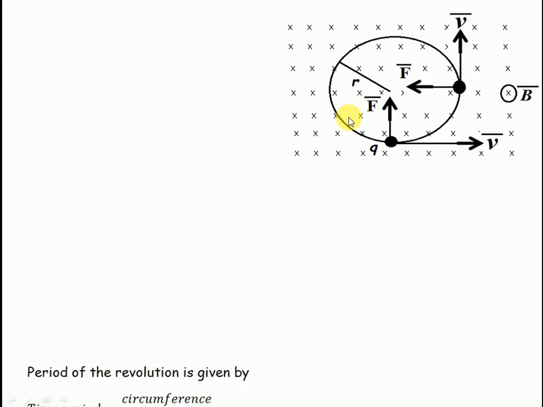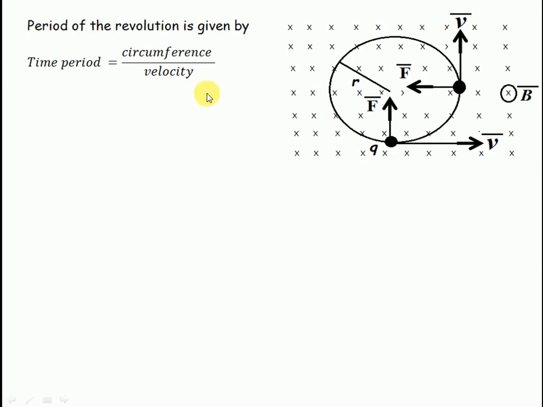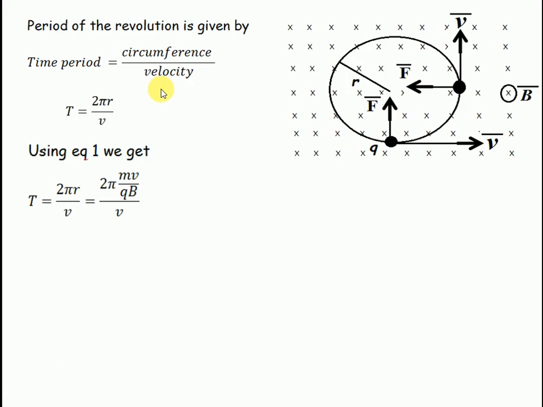Now let's find the time period of revolution. The time period will be circumference divided by velocity, because speed is equal to distance by time, and time is equal to distance by speed. Here the distance is the circumference and the speed is v. So T = 2πr/v.